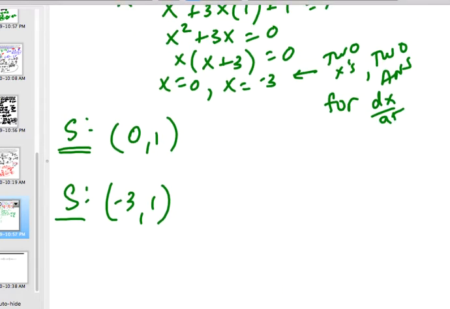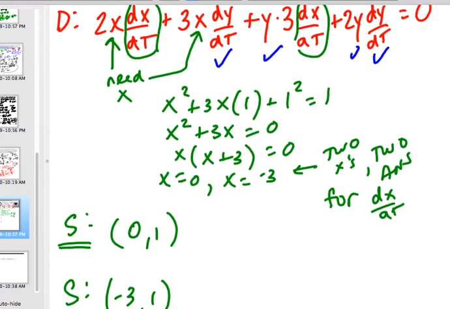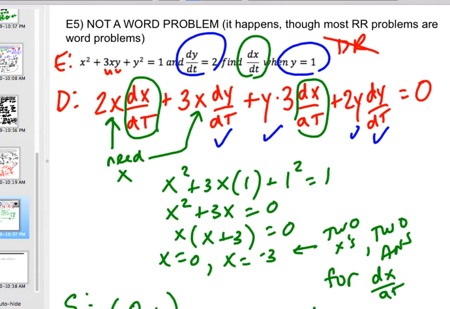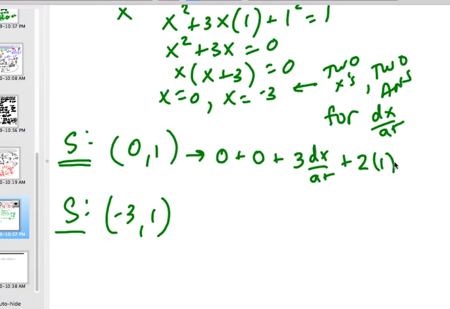So let's go back up for a second. All right, so when I plug in 0, 1, right, anything with an x is going to be 0. So that one's actually the easy case because these two will both get wiped out. Plus, this is going to be a 3 times the thing I want, dx/dt, right? Plus a 2 times y times whatever dy/dt was, which was a 2.